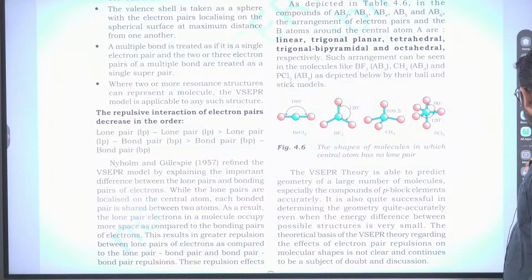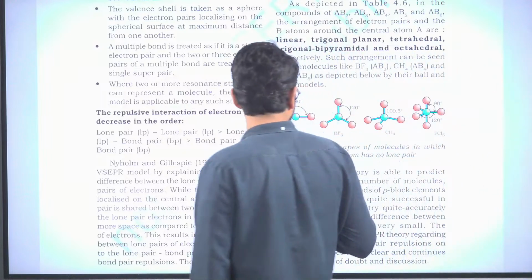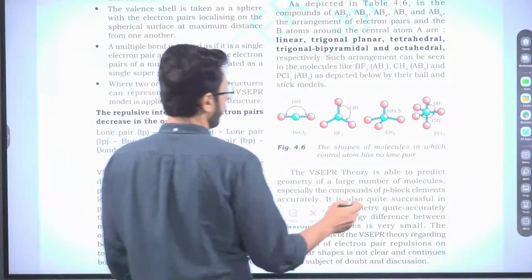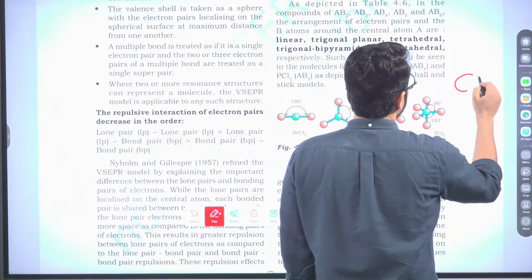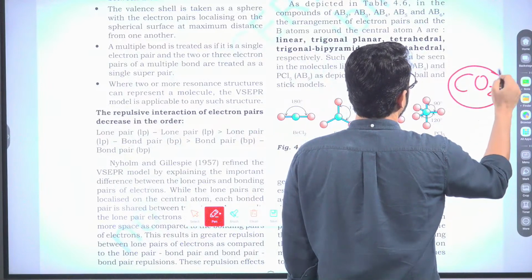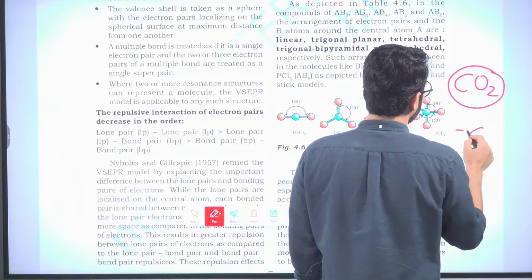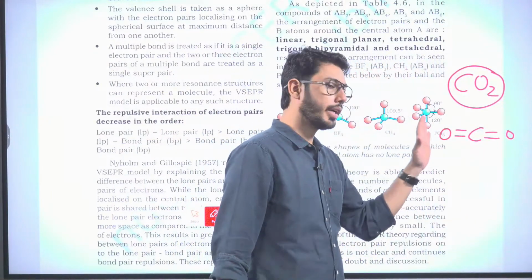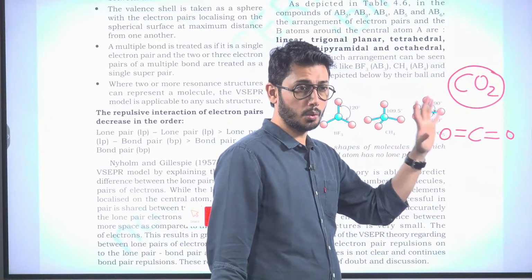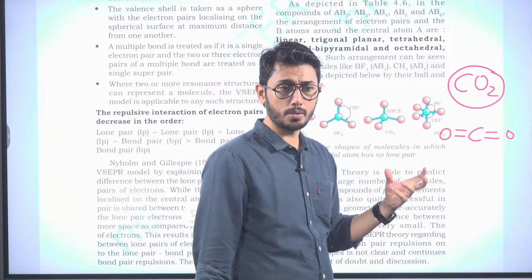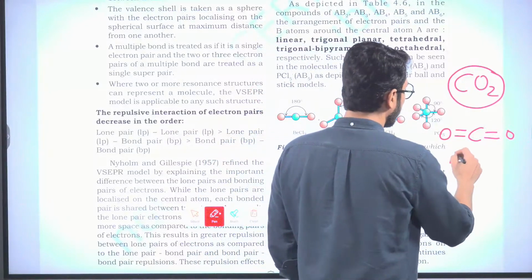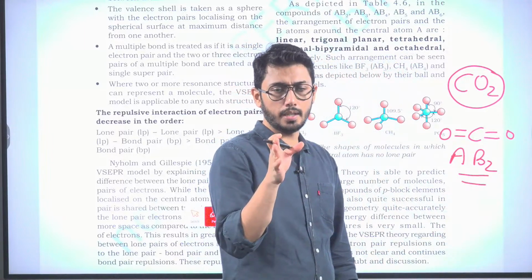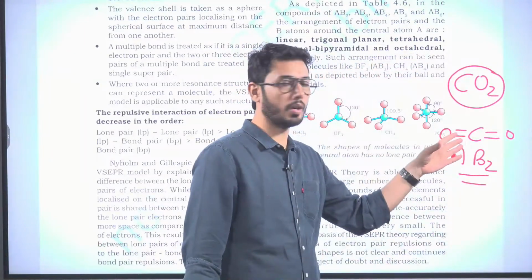For example, if I give you the structure of CO2, you all know it is like this, with carbon having 2 bonds on the left side and 2 bonds on the right side. But when I discuss CO2, I will say it is an AB2 type structure.